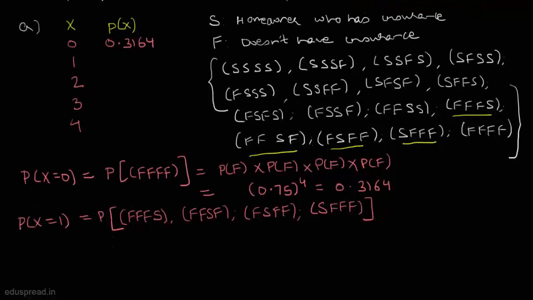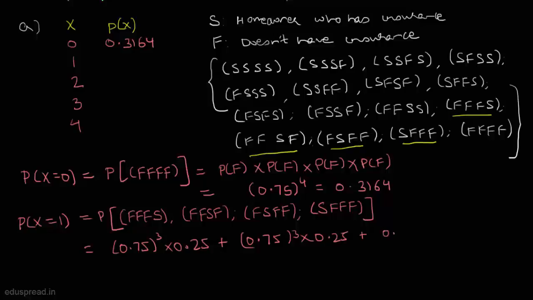So we can write this is equal to 0.75 raised to the power 3 multiplied by 0.25, plus 0.75 raised to the power 3 multiplied by 0.25, as we have 3 F and 1 S, and for these two also we'll get the same expression.